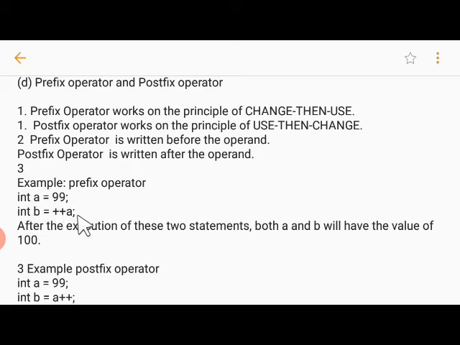So after the execution of these two statements, a will have 100, because it is pre-increment or prefix. So first it will be increased or changed, and then it is going to be assigned, means used. So the increased value will be assigned, so a and b both will be 100.